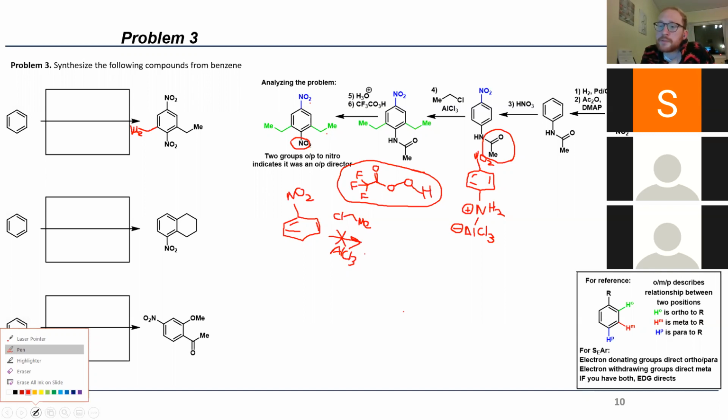And so poor substrates for doing Friedel-Crafts alkylation are those that have only electron withdrawing groups on the aromatic ring. For example, like we were talking about, nitrobenzene does not do Friedel-Crafts alkylation readily.